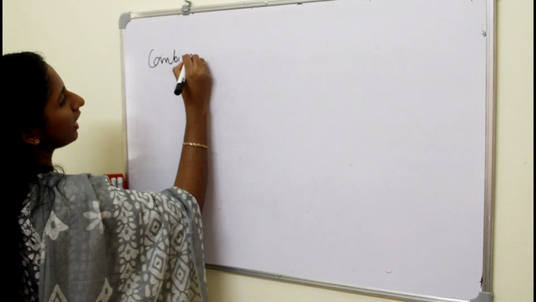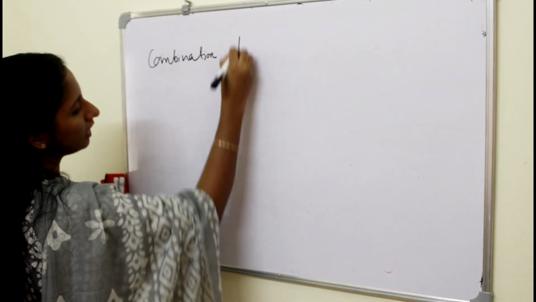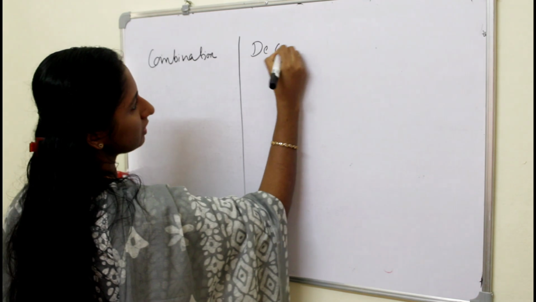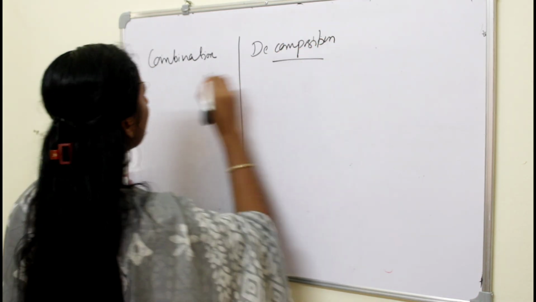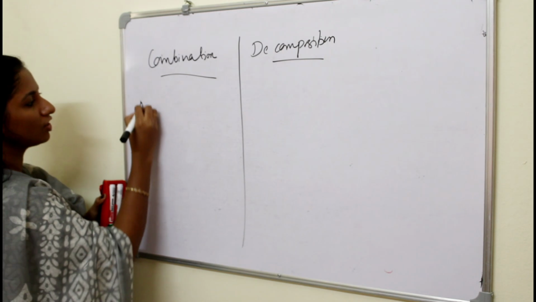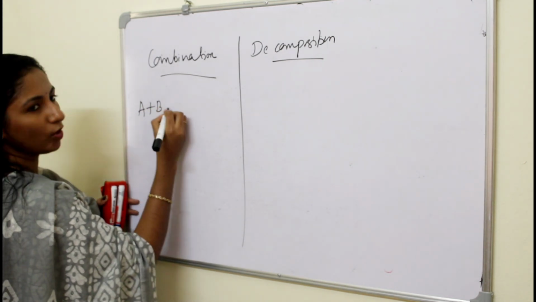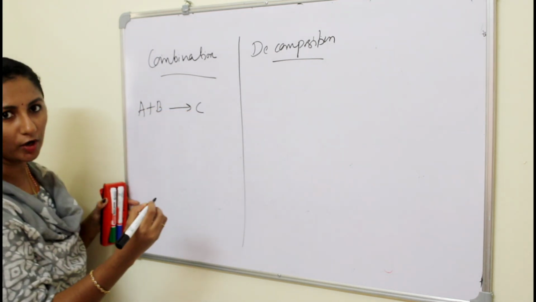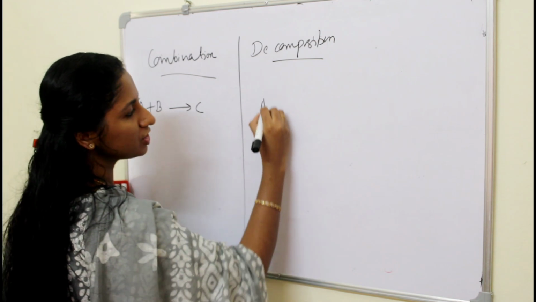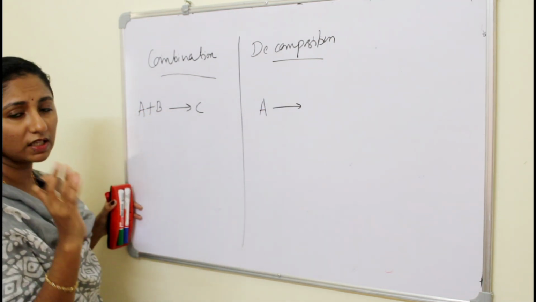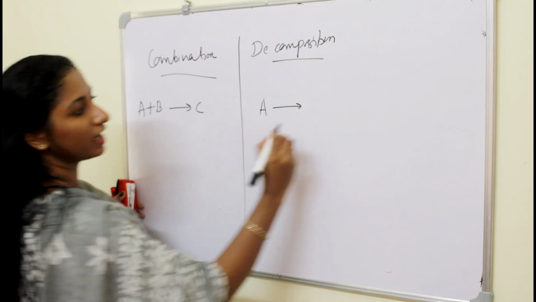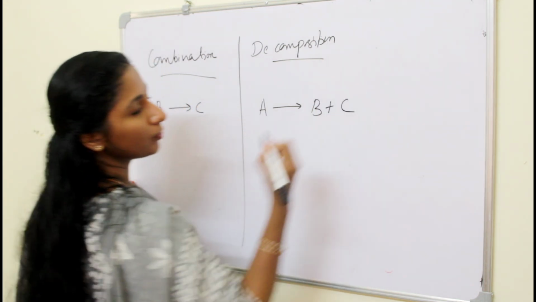So in combination reaction, combination and decomposition reaction, decomposition. Okay. In combination reactions, we are taking 2 or more reactants to get a single product. Okay. In case of decomposition reaction, we are taking a single compound as a reactant, single substance as a reactant, and we are getting 2 or more products.